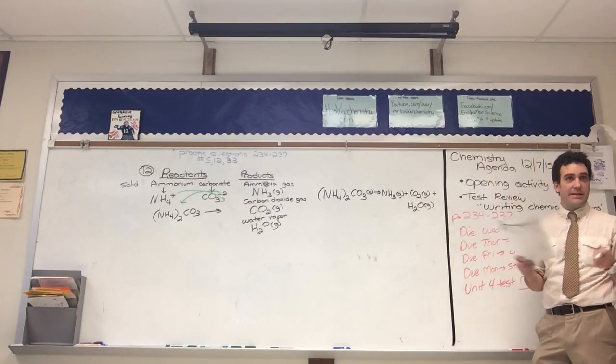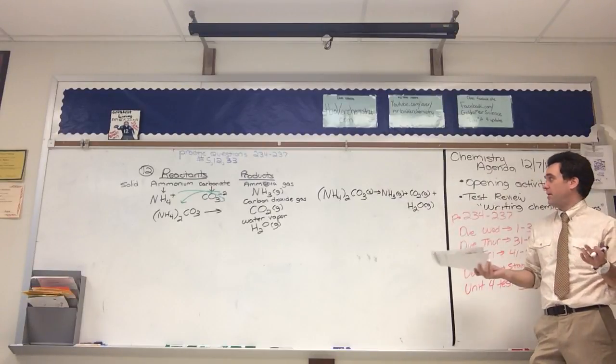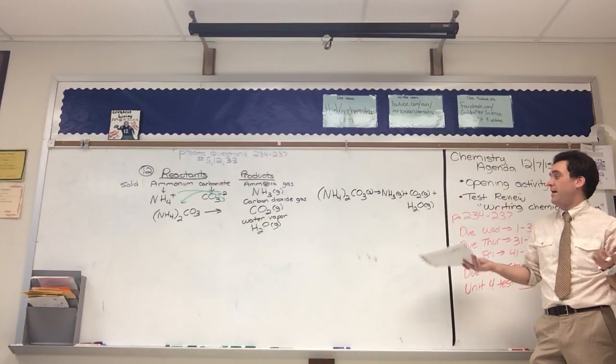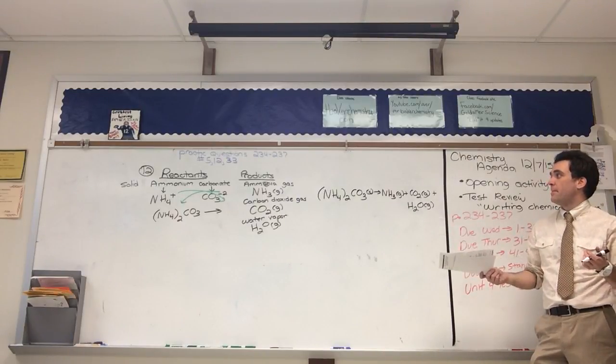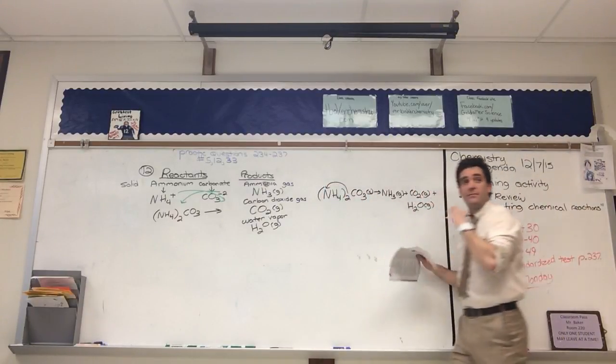You don't have to balance it. So is this balanced? Nope. What's one element that's not balanced? Hydrogen. Yeah, every element's not balanced. There's not one element that's balanced. Nitrogen, that distributes in there.